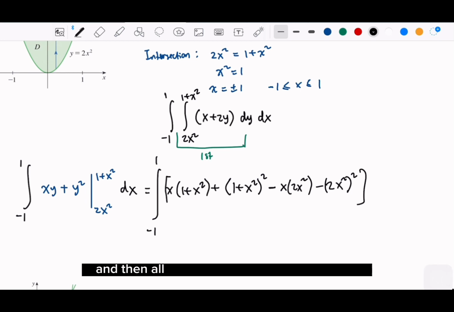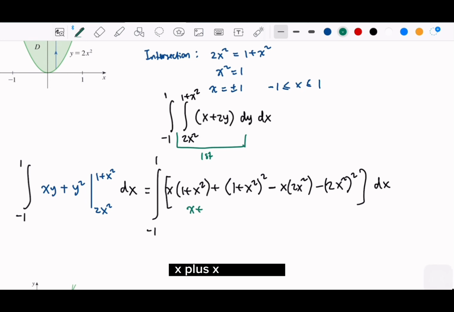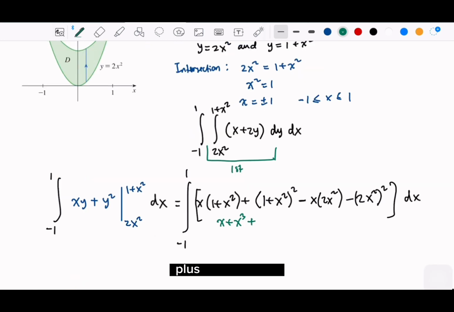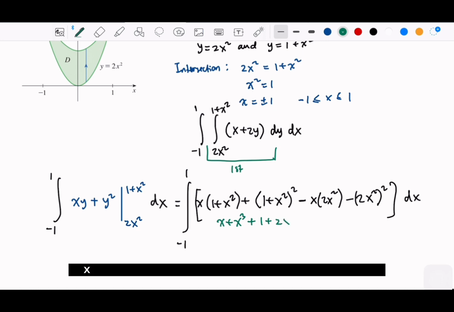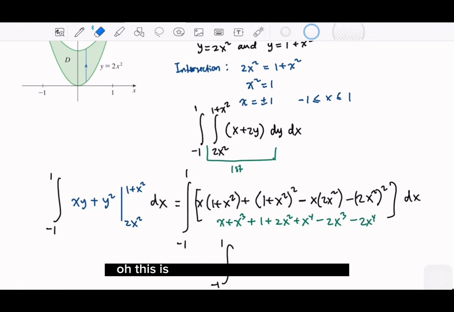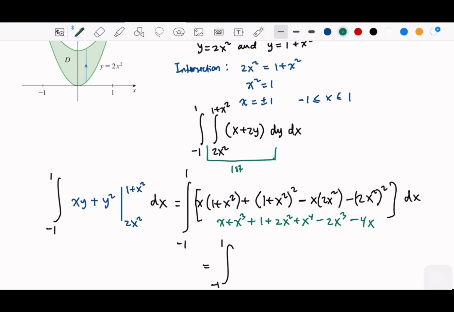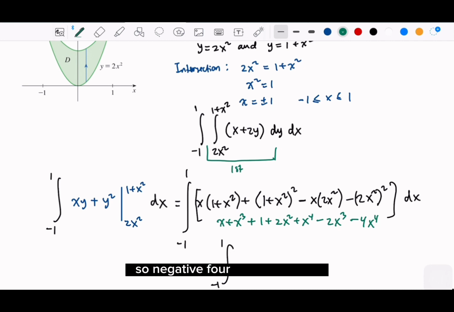And then we need to take the integral one more time. So x plus x cubed plus 1 plus 2x squared plus x to the fourth minus 2x cubed minus 2x to the fourth. Oh, this is not 2, sorry. It should be 4. So negative 4, negative 3.